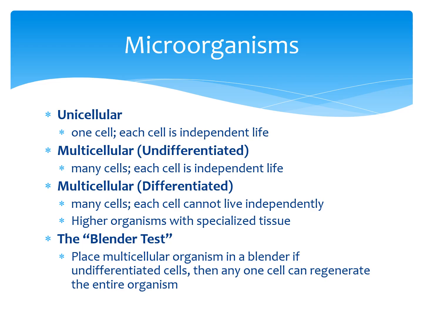If you take a multicellular organism, like, I don't know, a bonsai tree, or a dolphin, or a regular snail, something like that, and you put that whole organism into a blender and turn it on, those cells are not going to be able to regenerate and they're not going to be able to function independently anymore because you have now taken all of those differentiated cells and blended them up in a pattern that is not okay.